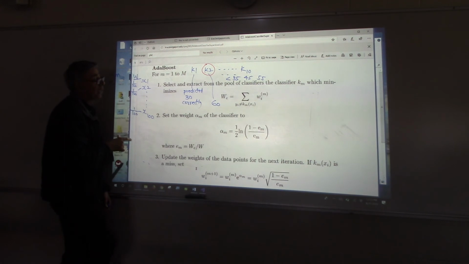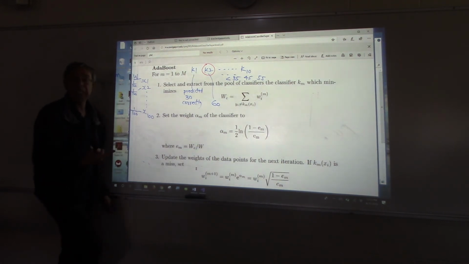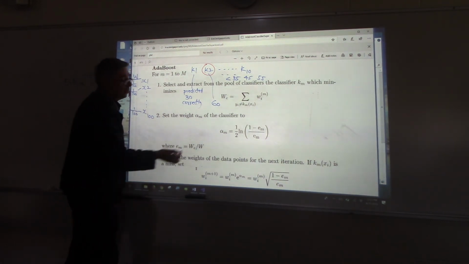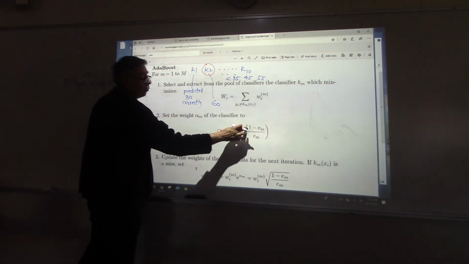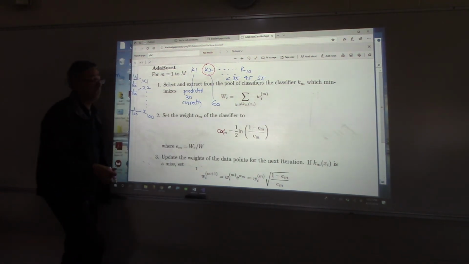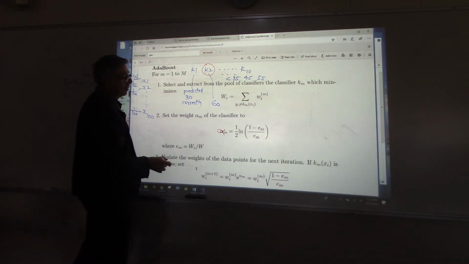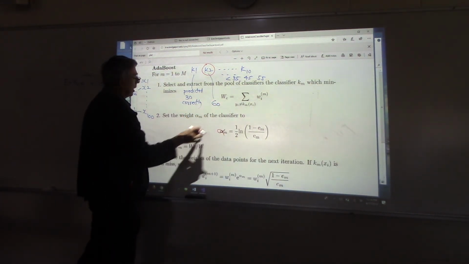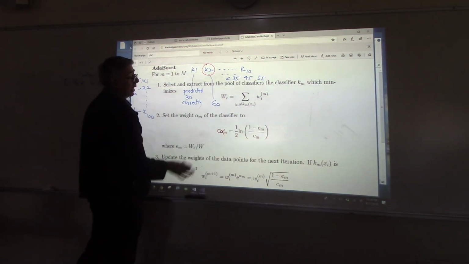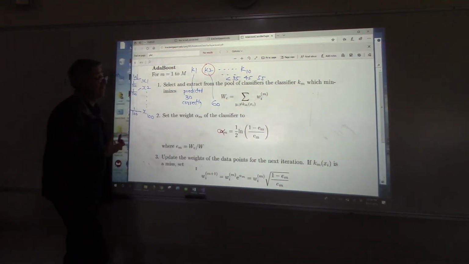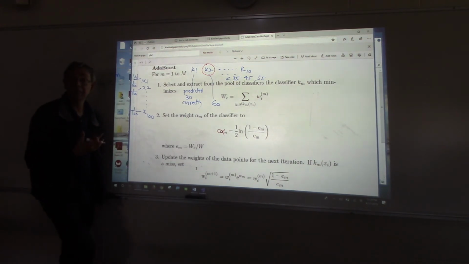Okay, but now the question is, what will be the weight of this classifier? The weight of the first classifier will be created through this equation. What will EM be in this example? The definition of WE was the samples that have been incorrectly classified.